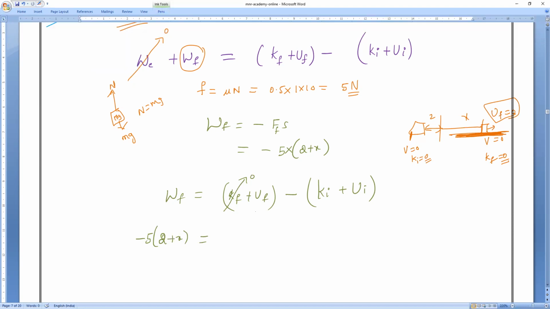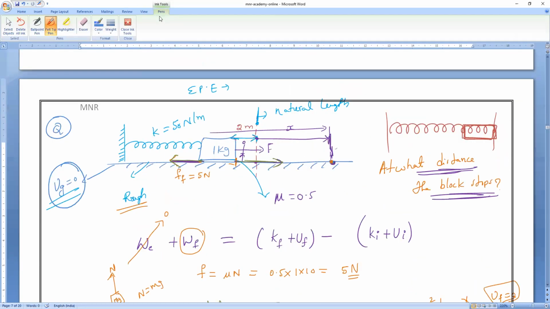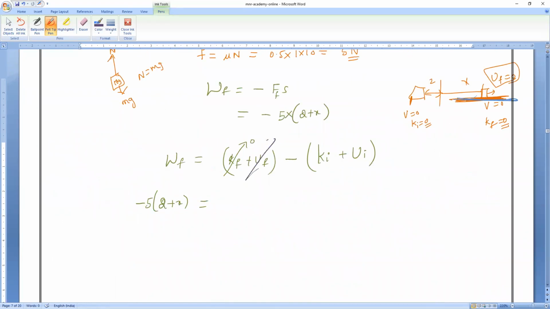The body is on the same surface, the ground, so the work done by the gravitational force is 0, the same baseline. The body already touched the maximum, so the spring force no longer exists, and the final potential energy is 0. Initially the velocity is 0, so the initial kinetic energy is also 0.